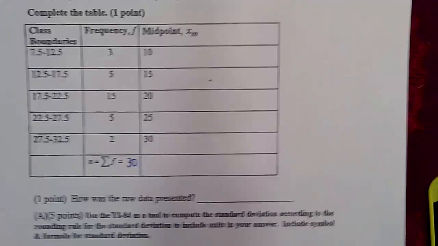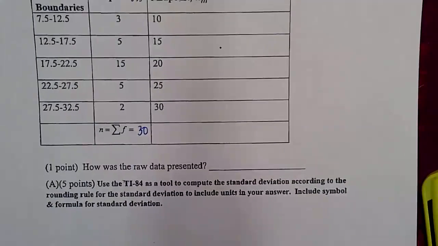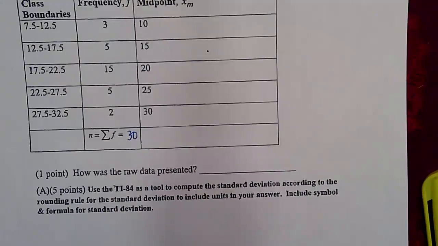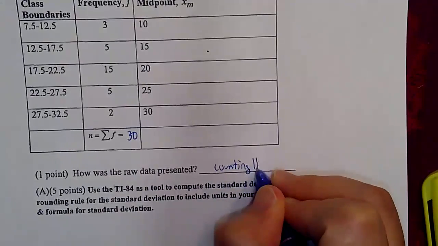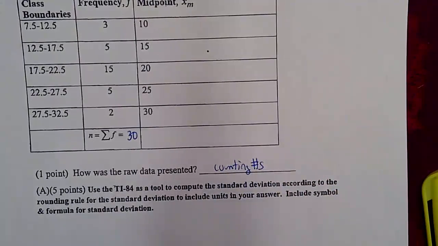And then how was the data presented? So the data would have been presented as counting numbers. Even though you don't see it, the data would have been presented as counting numbers.